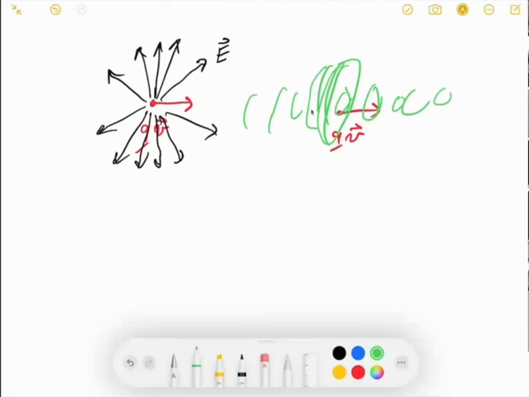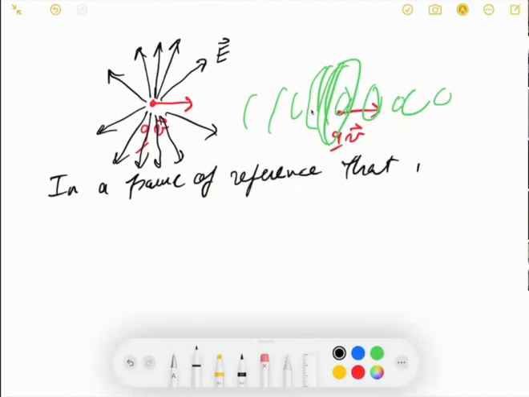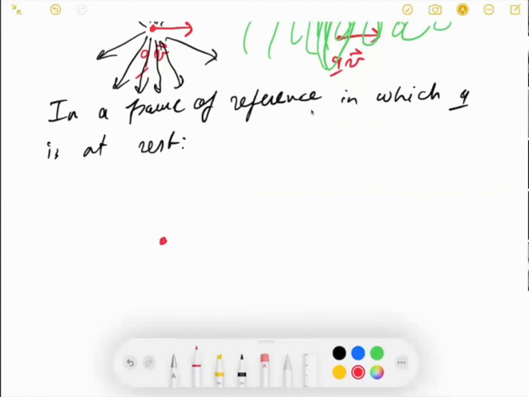In a frame of reference that is co-moving, a frame of reference in which Q is at rest, we expect the electric field lines to just be pointing radially out, because at rest we have spherical symmetry.